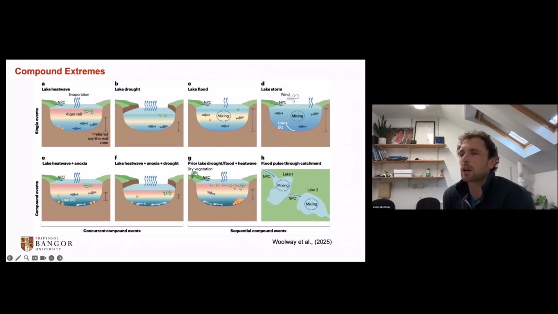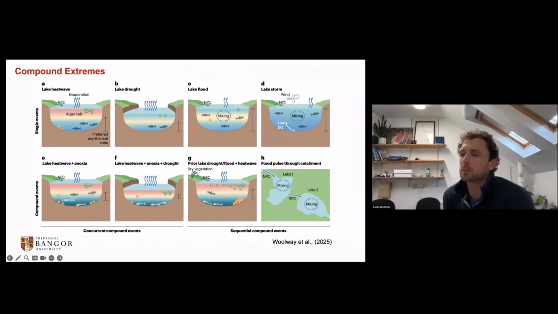So instead of looking at lake processes in an individual way, such as heat waves, droughts, floods, or impact of storms, as shown here in panels A through to D, we're starting to look at compound events or sequential compound events in lakes.